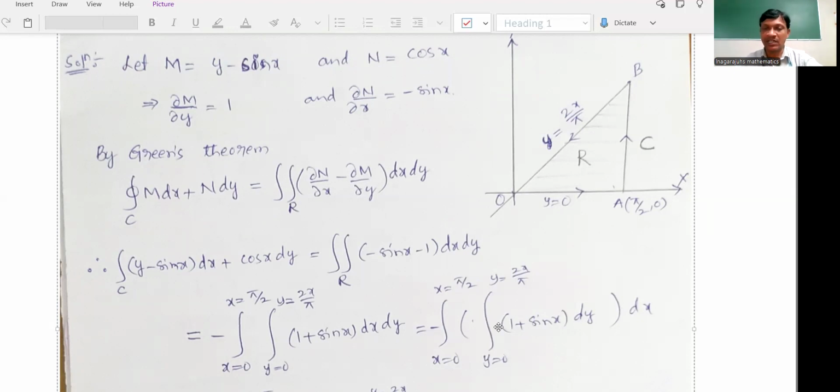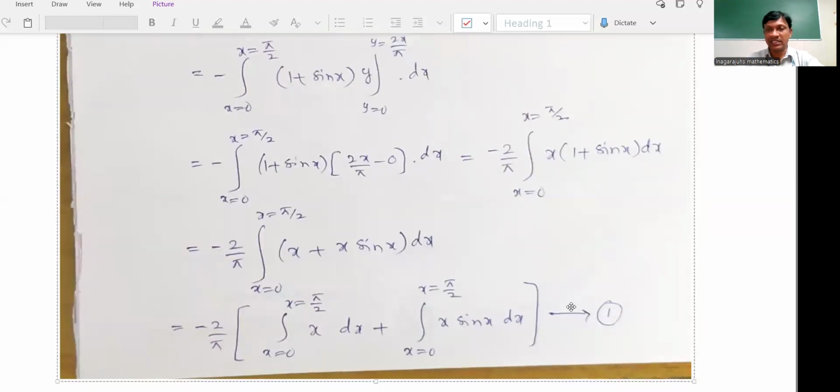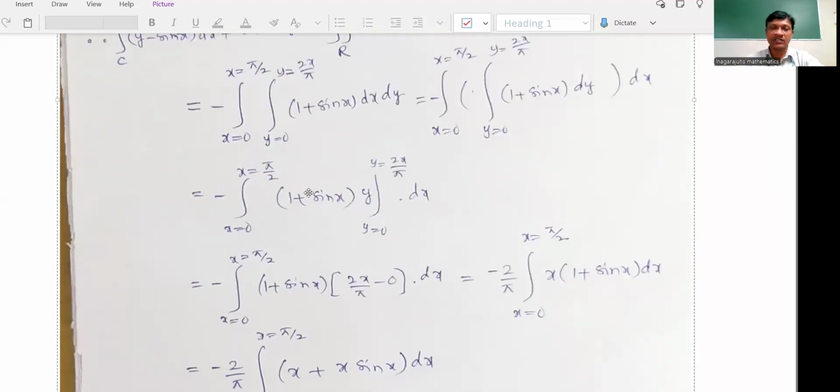So this can be written as minus integral x is equal to 0 to x is equal to pi by 2, integral y is equal to 0 to y is equal to 2x by pi of (1 plus sin x) dy dx. Now when integrating with respect to y, there is no y term in the equation, so this is treated as a constant function. So the integral is y, with lower limit y is equal to 0 and upper limit y is equal to 2x by pi, dx.